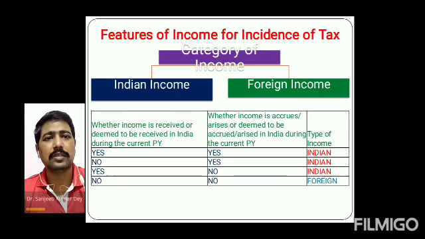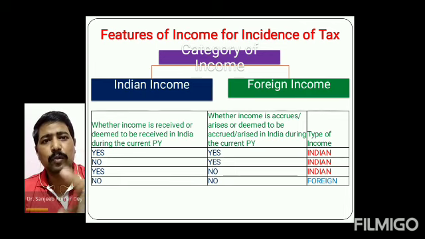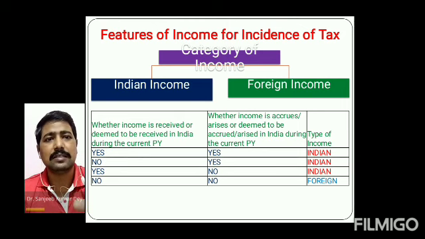Second question is whether the income accrues or arises, or is deemed to accrue or arise, in India during the previous year. If the answer to both questions is yes, then it is Indian income. If the answer to either one is yes, then also it is Indian income.